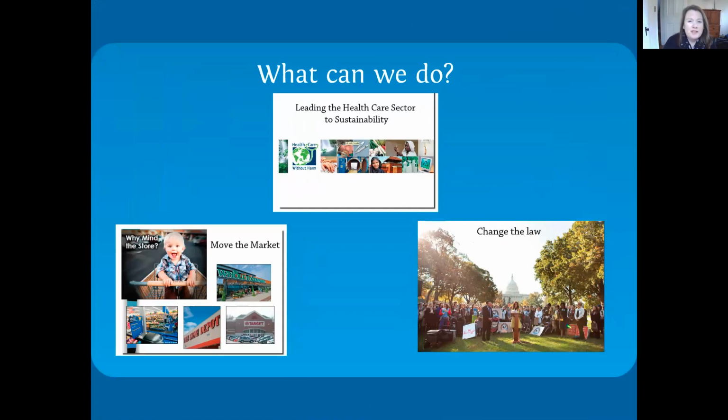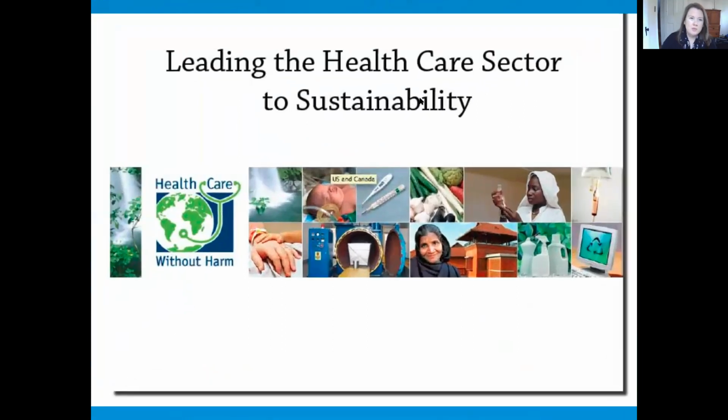So one of the things, I think I can forward these and zoom in, is the work that's happening within the healthcare sector itself.